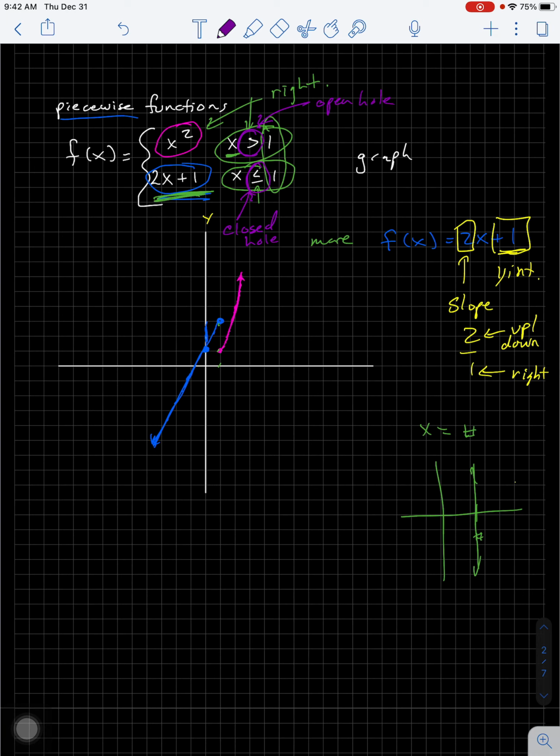Just like when you were graphing things on a number line in Algebra 2 and you put a closed hole or an open hole, it's the same idea. So the blue graph actually gets a closed hole, and then it goes down here. And the purple or the pink graph gets an open hole at the end, and it goes up from there. And that's what the graph looks like.